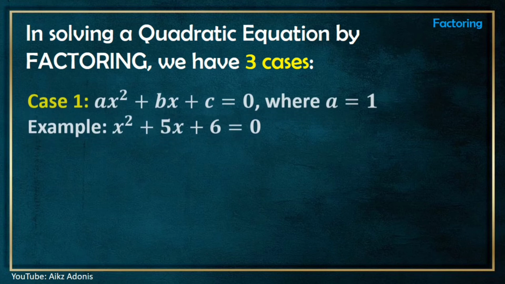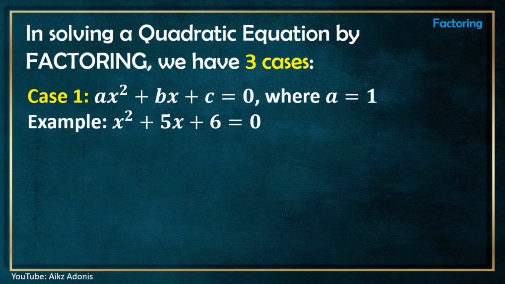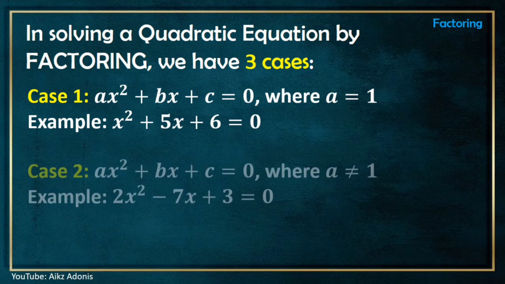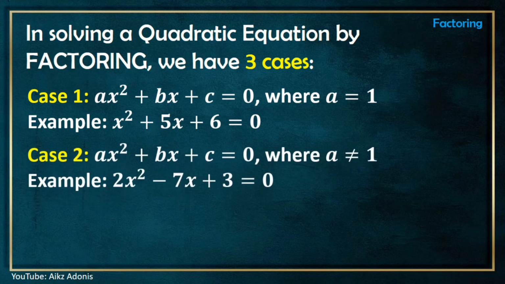In case 1, you are given a quadratic equation in standard form, ax squared plus bx plus c equals 0, where a is equal to 1. So for example, we have x squared plus 5x plus 6 equals 0. While in case 2, you are also given a quadratic equation in standard form, but this time, your a is not equal to 1.